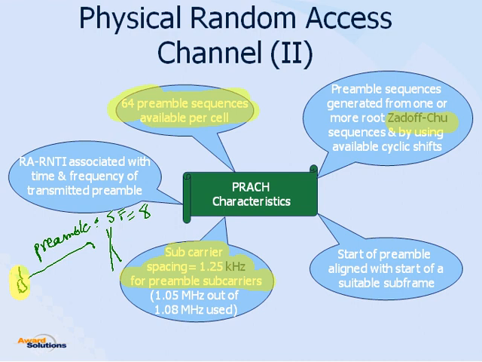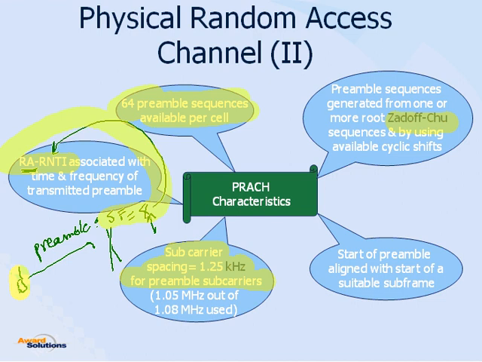Out of those 10 subframes, we are picking subframe number 8. At that time, we are sending the preamble. That corresponds to a random access radio network temporary ID of 8. So whatever subframe number you pick, that becomes your random ID.